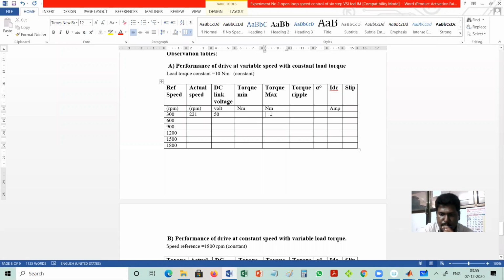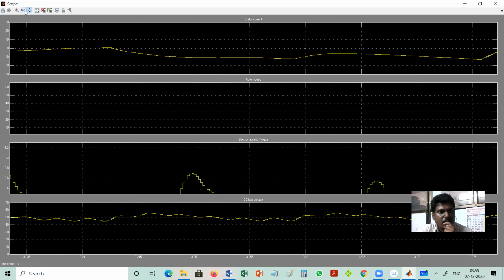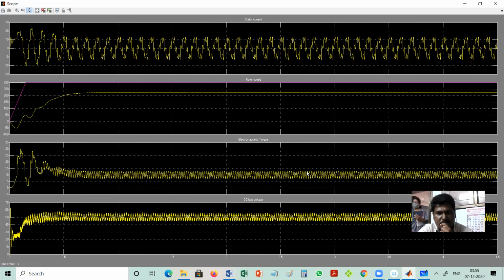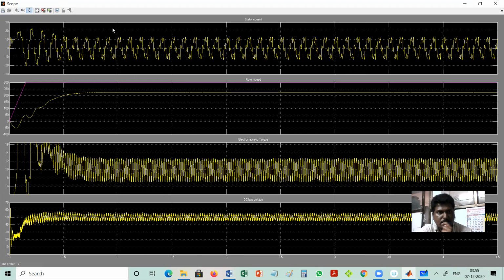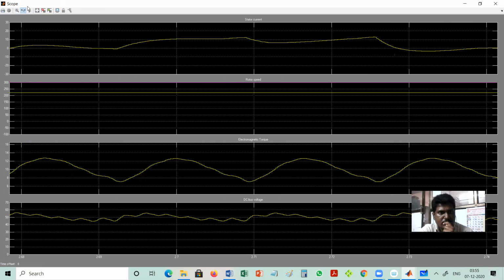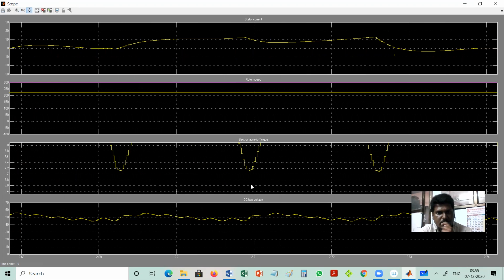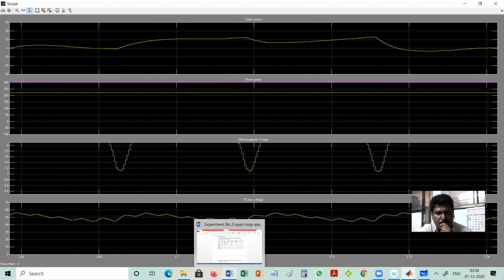T max is 12.6, and T mean is around 7.2.